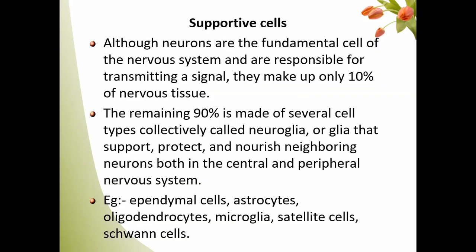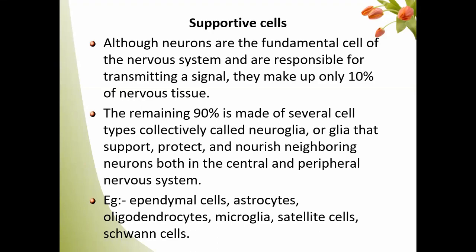Now we can study about the supportive cells. The neurons are the fundamental cells of the nervous system, responsible for transmitting the signal. Even though they have the main function of the nervous system, they make up only 10% of the nervous tissue.